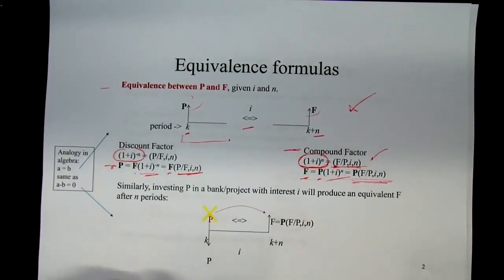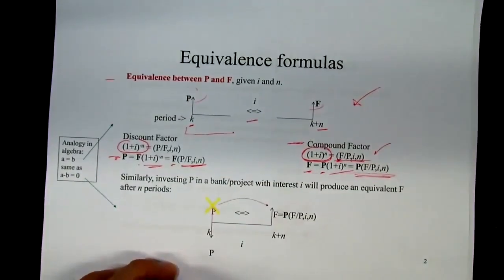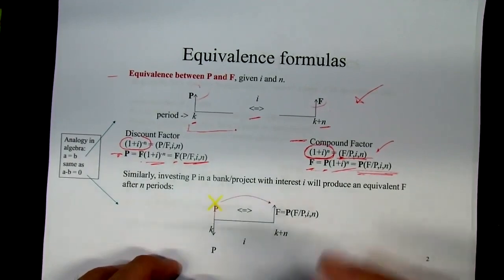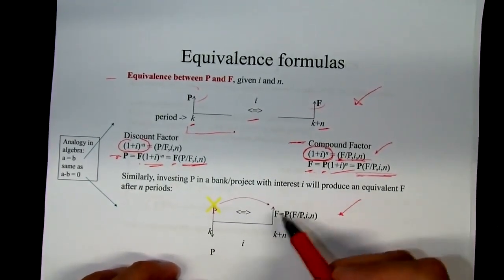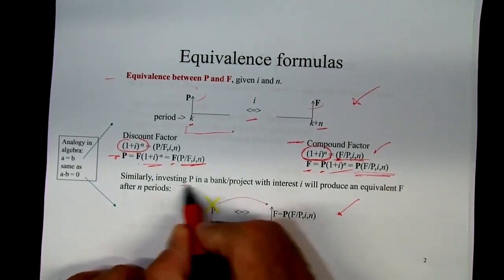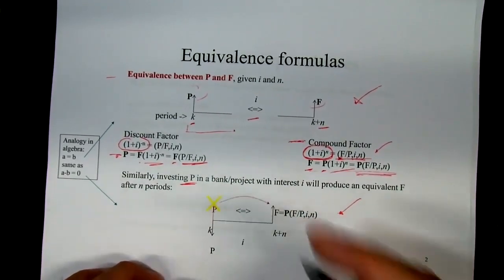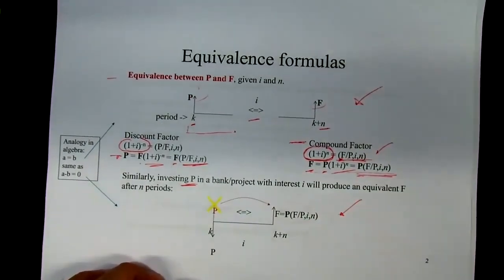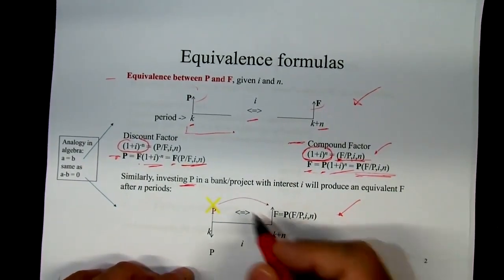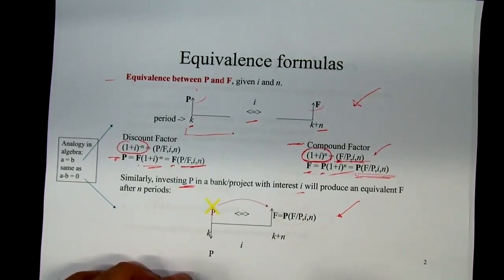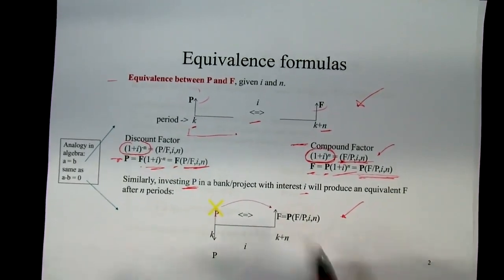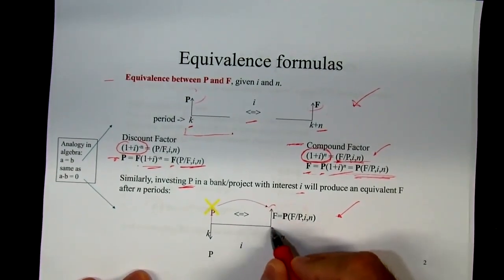However, as the book also does, you can represent the same equivalence with another background. If you look at this cash flow on the bottom right here, the same equivalence can be represented by saying that if I invest a sum P, for example in a bank, or you put some equity in a project, the same concept, and given my interest and the period in between, I will be guaranteed an equivalent withdrawal from that investment, equal to this F amount in the future.